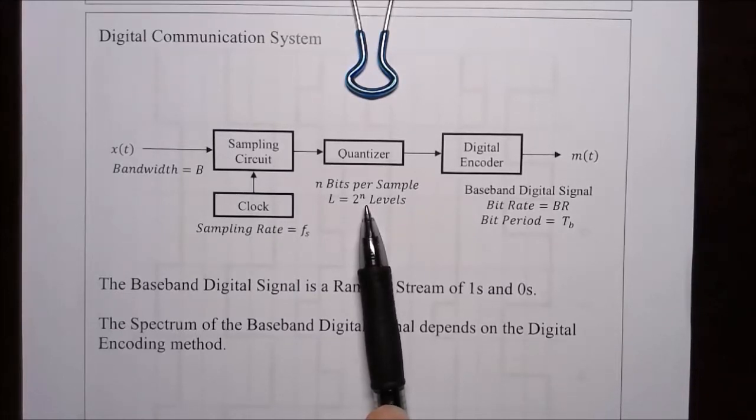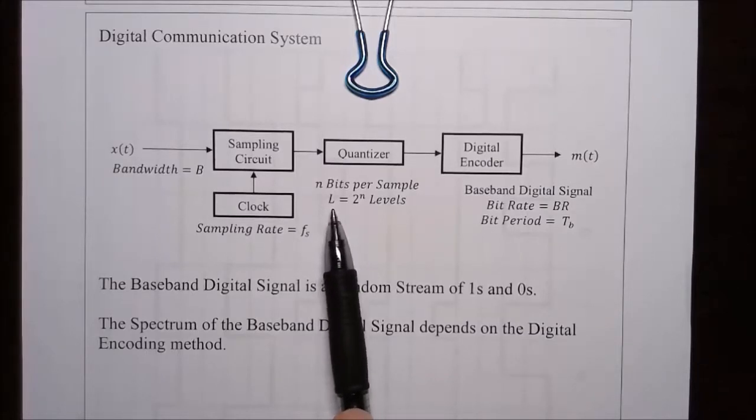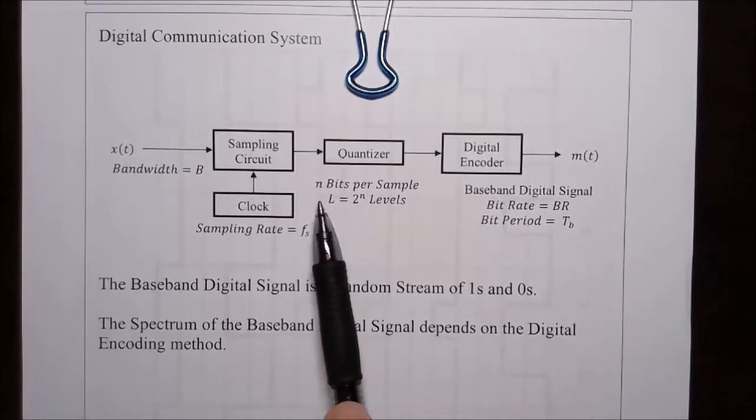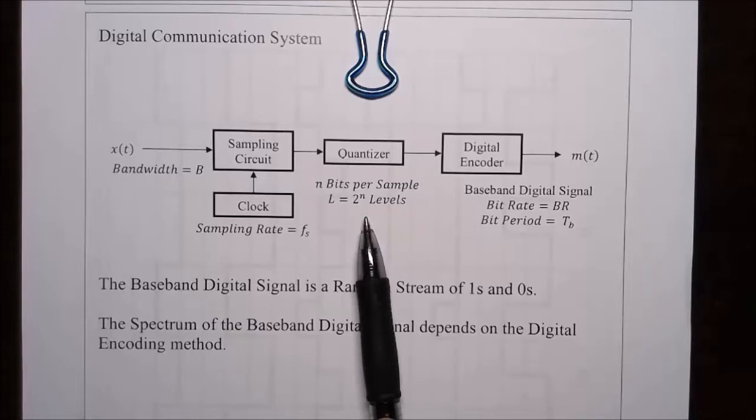It is going to be there forever. But we can limit the amount of noise by choosing appropriately the number of levels, which will correspond to the number of bits.